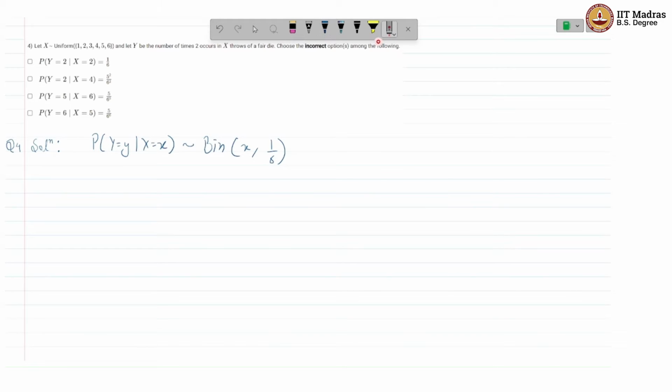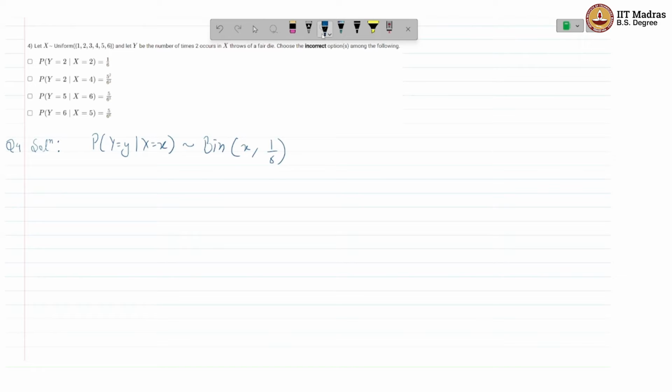And why is that? Because what is x here? X is the number of times we are throwing the fair die, and y is the number of times we got 2. So we can look at x as the number of trials and y as the number of successes we want. So this will follow a binomial distribution.